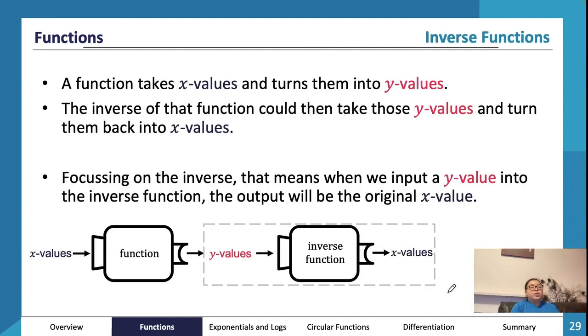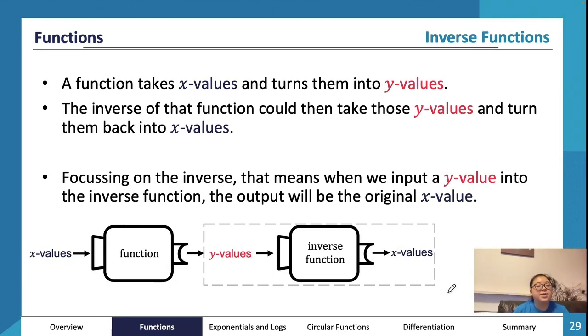Okay, so how we actually make an inverse function is we take a function that takes x values and turns them into y values, and then we take those y values and turn them back into the exact same x values.